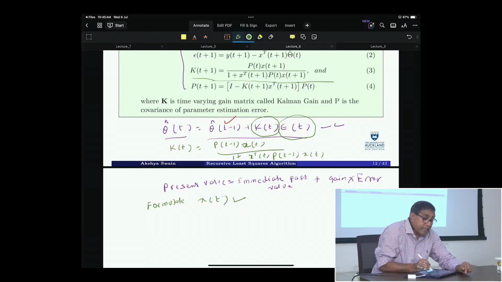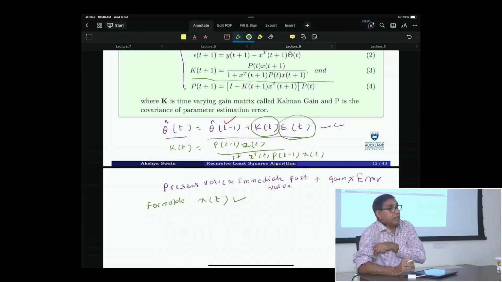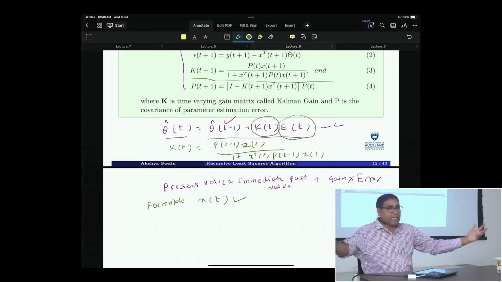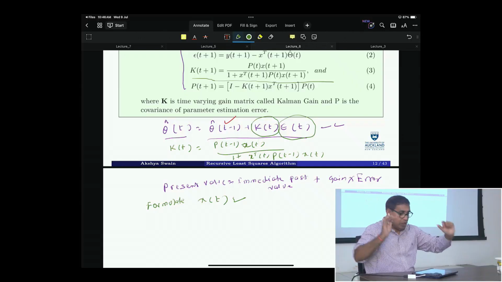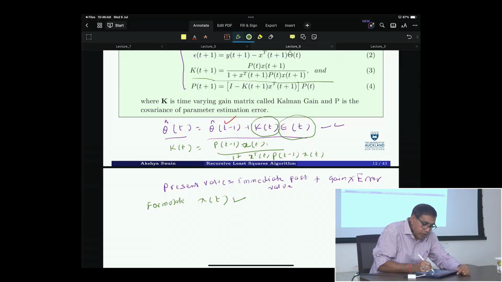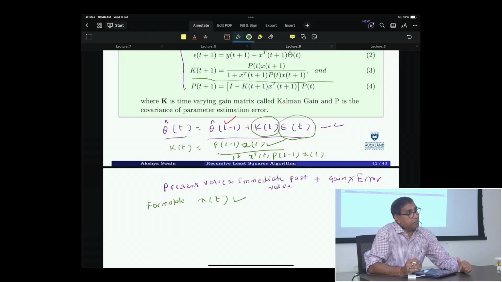To compute the entire expression, you must compute kt and epsilon t. Epsilon t will come later on. Now kt is pt minus 1 into xt divided by that. You are at time t, xt is the observation vector, you can formulate it because you are getting the data. So xt can be known. But what about pt minus 1? Pt minus 1 is not known. So you have to assume.